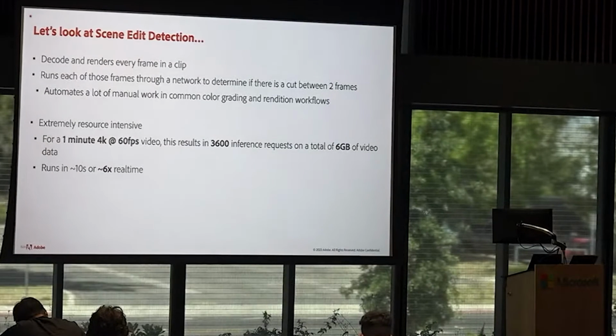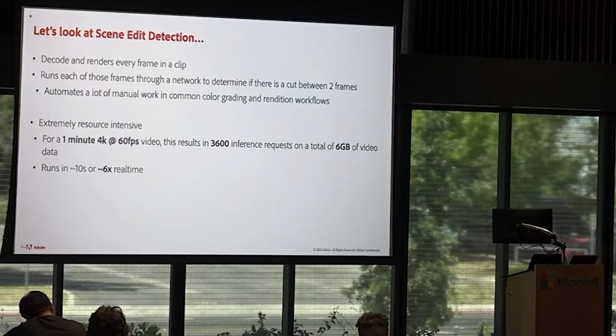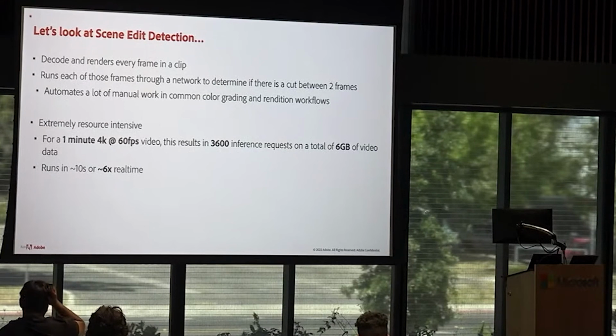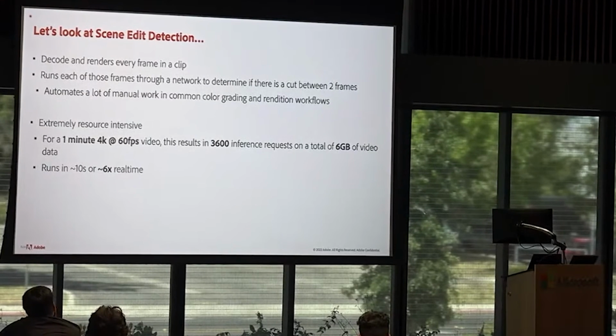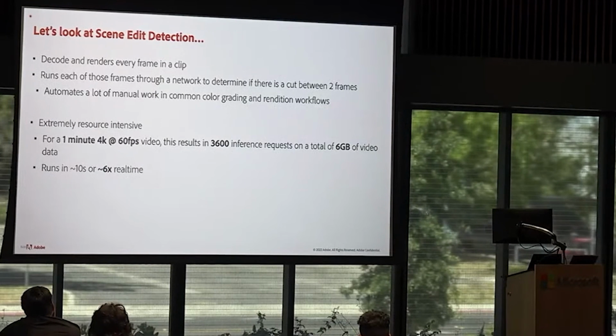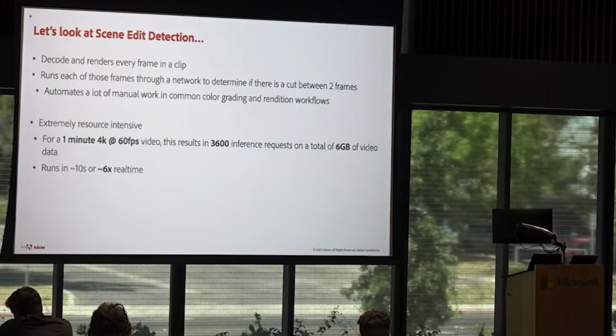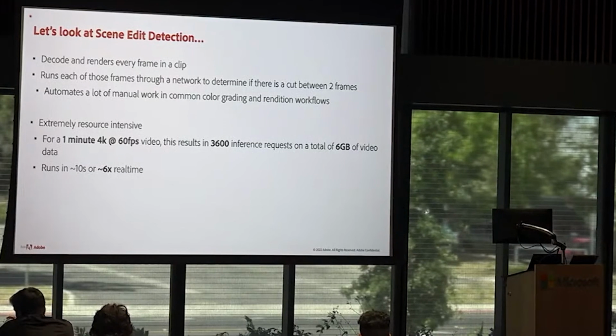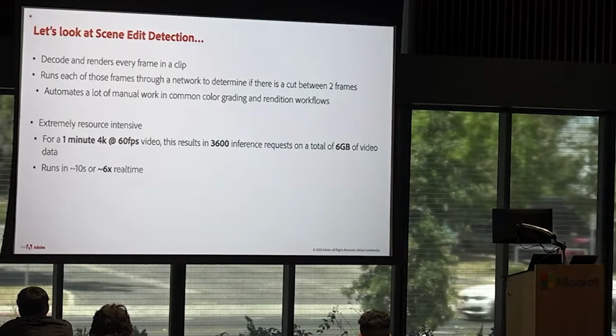For a 1-minute 4K clip at 60 frames per second, we dispatch about 3,600 inference requests to the engine on a total of 6 gigabytes of video data. We're able to run that entire pipeline end-to-end from decode to inference in about 10 seconds or 6 times real time on modern high-end GPUs. None of this would have been possible without the performance enablements provided by ORT and the DirectML execution provider.